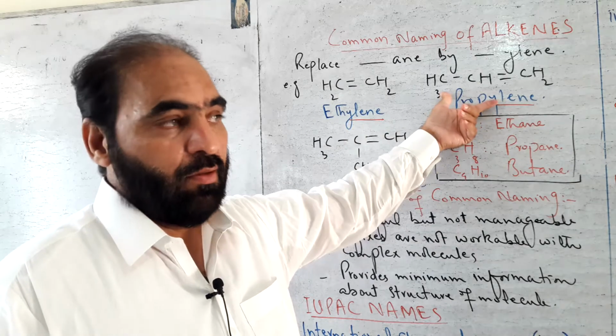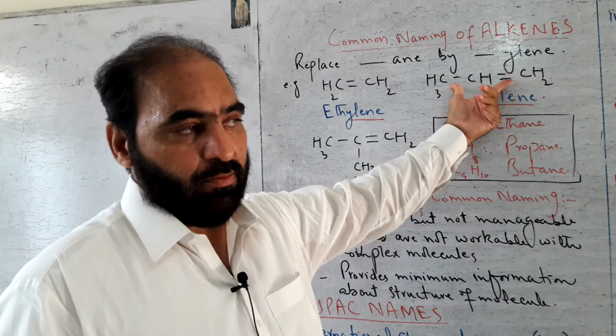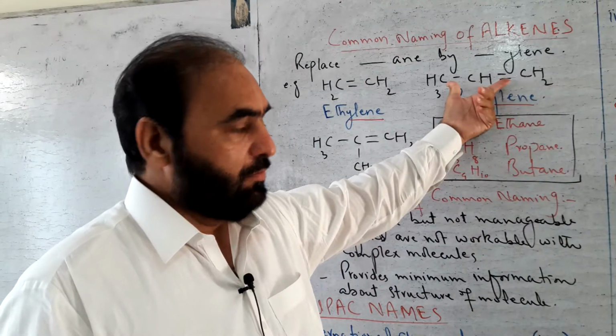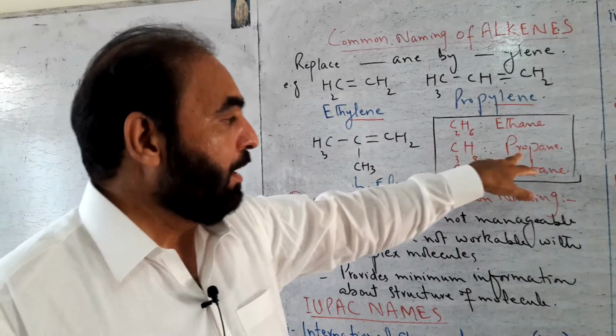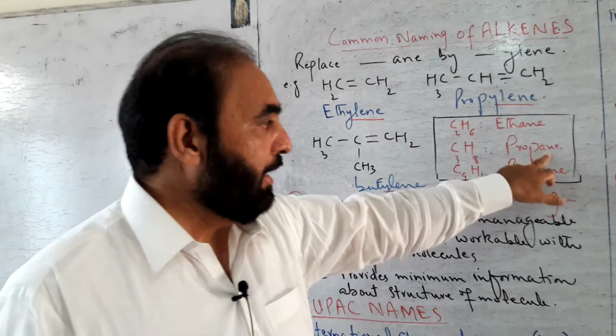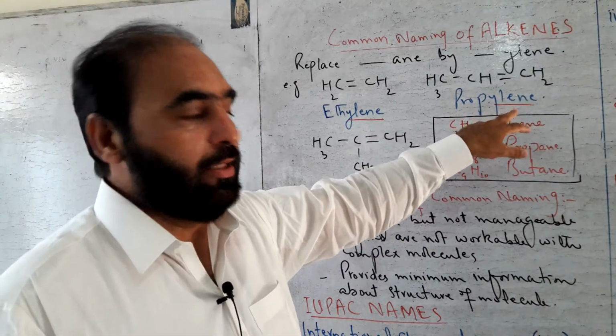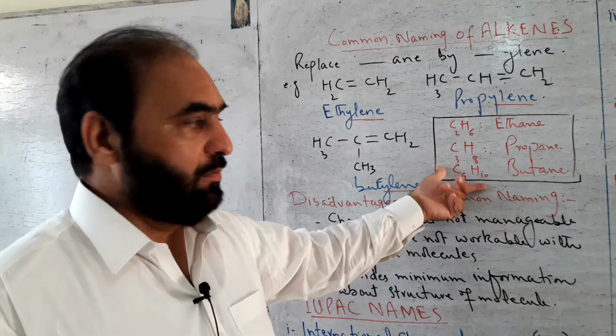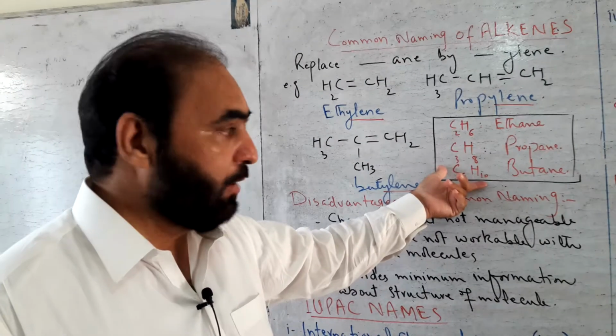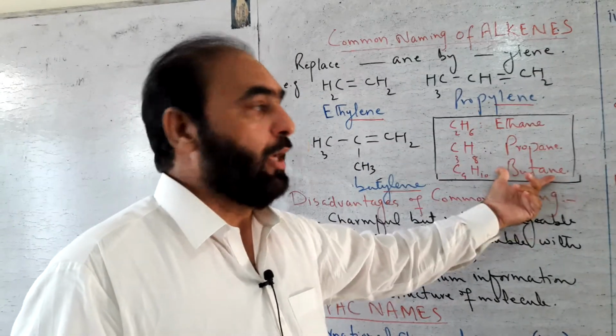Similarly, alkene of three carbon, propylene, from corresponding alkane, propane. Ane has been replaced by ylene. C4H10 is alkane of four carbon atoms with name butane.